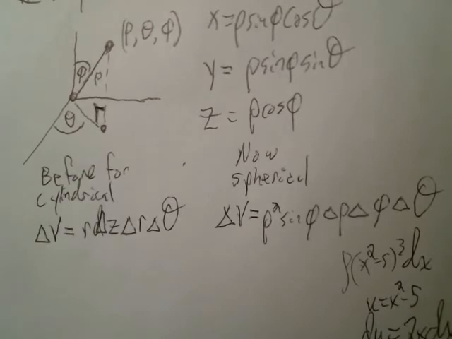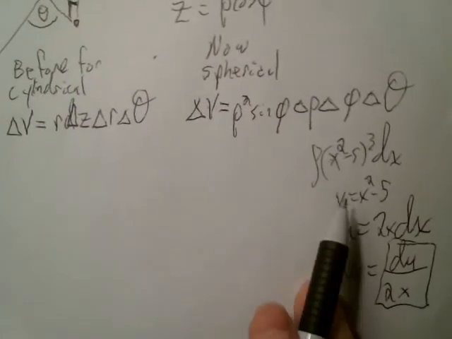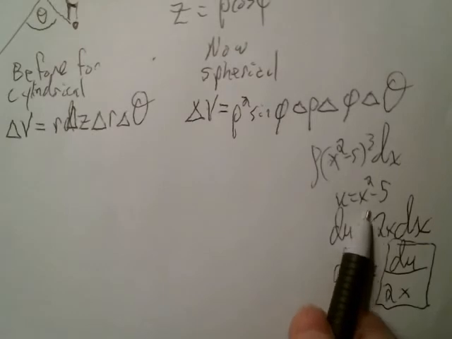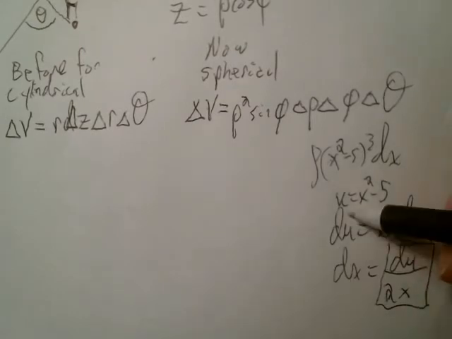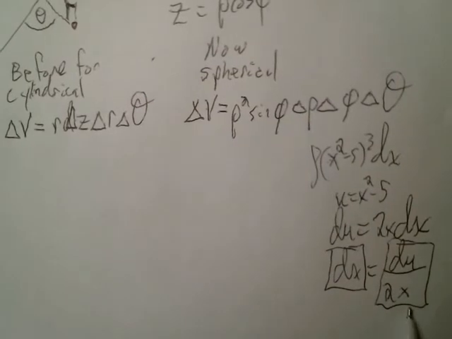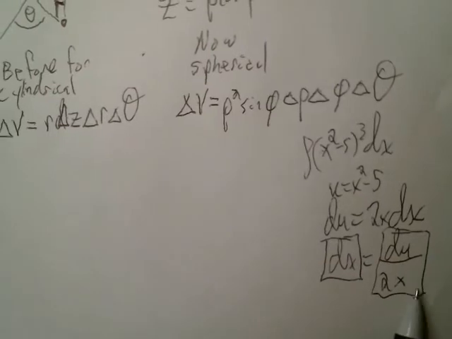If you did a u sub for this integral, u is x squared minus 5, and then you're finding dx. So you're replacing dx with du over 2x, and you hope you have some simplifications.